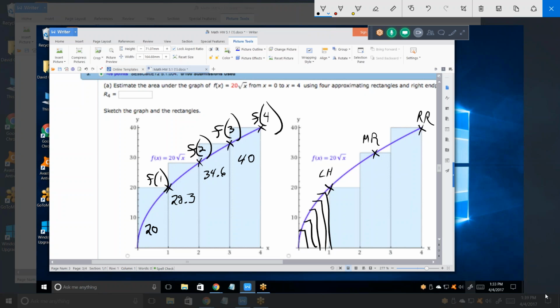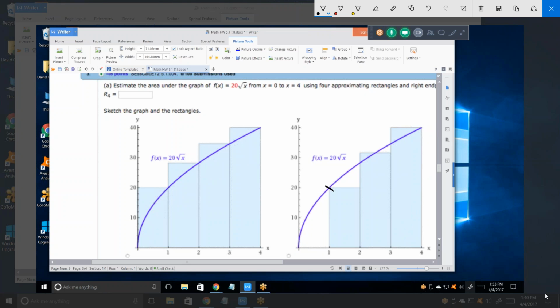As the number of rectangles goes to infinity, or I can say as the width of each rectangle goes to 0, then it does not matter which method I use, left hand, mid RAM, right RAM. And that's what this is trying to show you by using a combination of all three. But let's just talk about this again. That point right there is f of what?